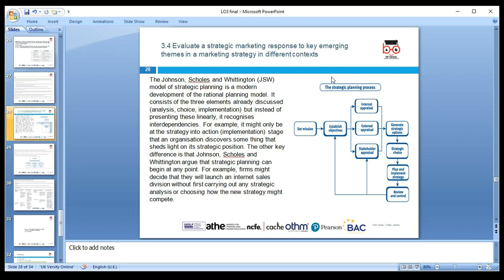Okay, then 3.4, we have evaluated the strategic marketing responding in emerging themes of marketing strategies according to Johnson and Scholes. Whittington says strategic planning is the modern development of the rational planning model.